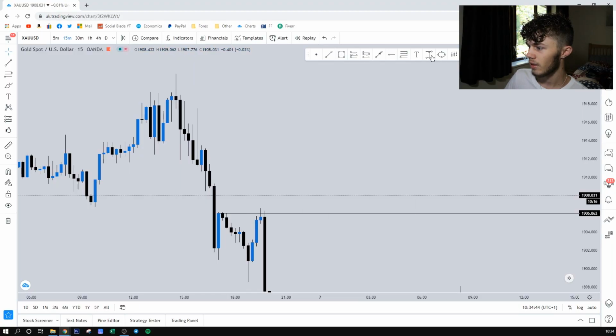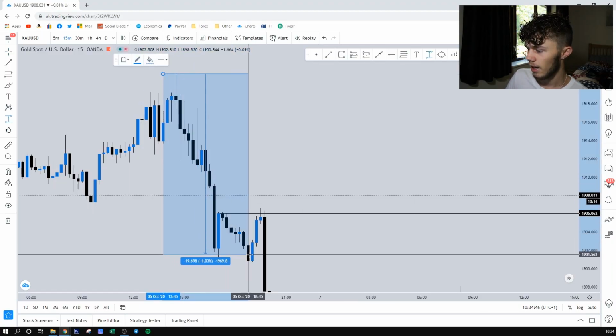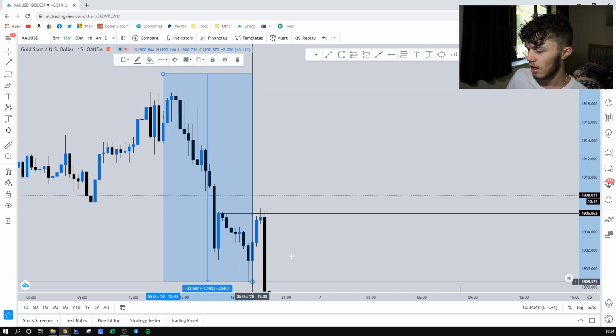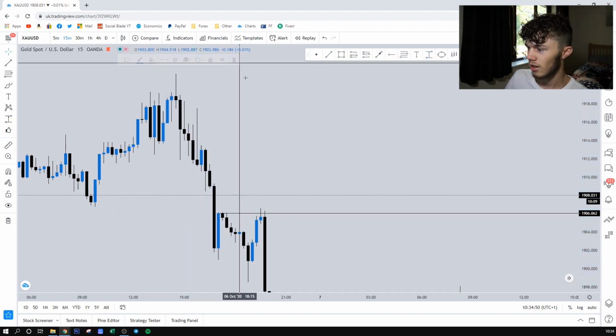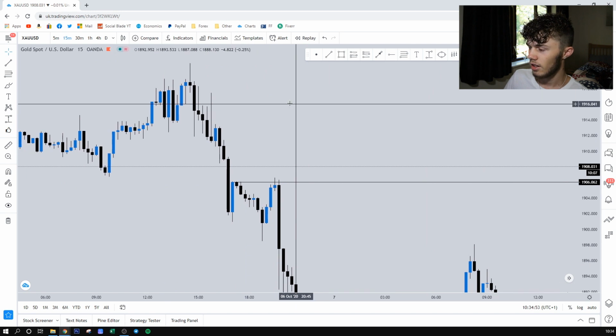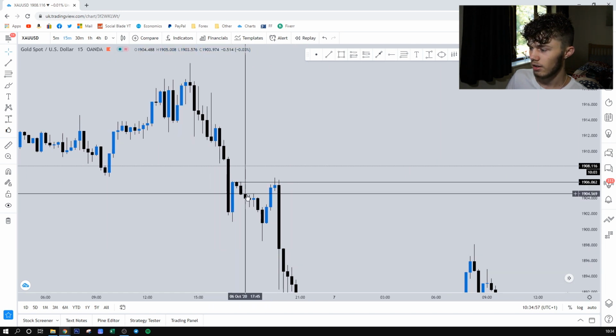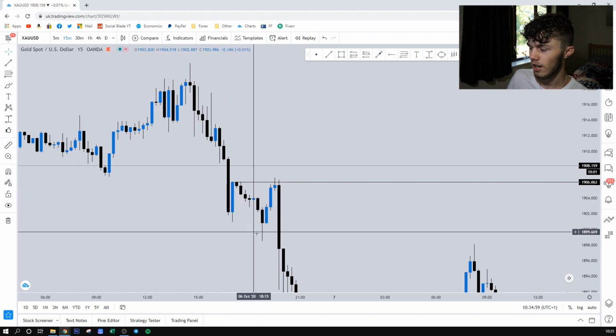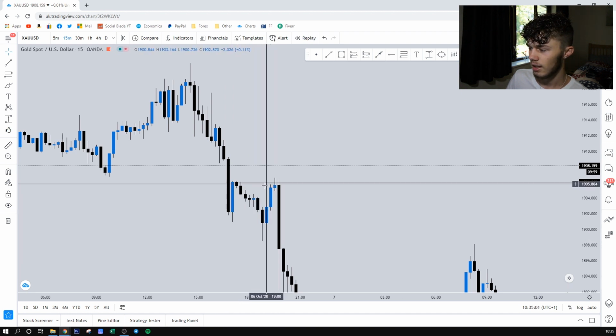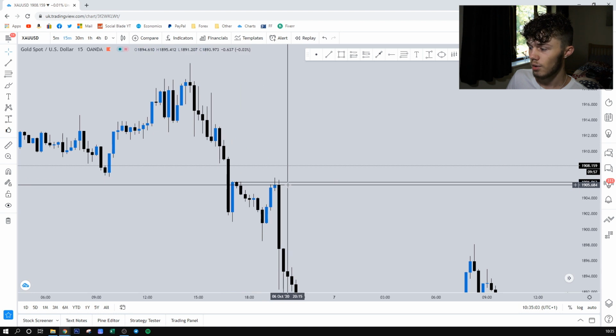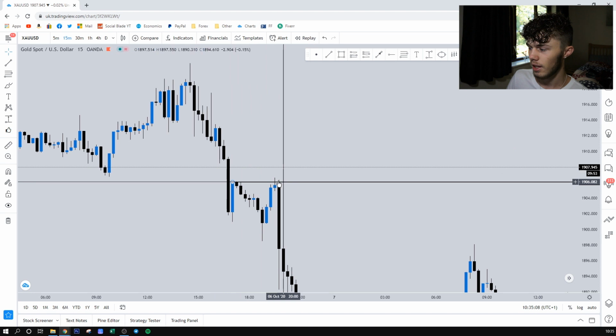See here, price pushed down from this level up here, down to this level here, around 226 pips or so. As you know, when a price makes an impulsive move, pulls back and consolidates, it actually created a lower low here, and price couldn't close above this level here, although it wicked above.